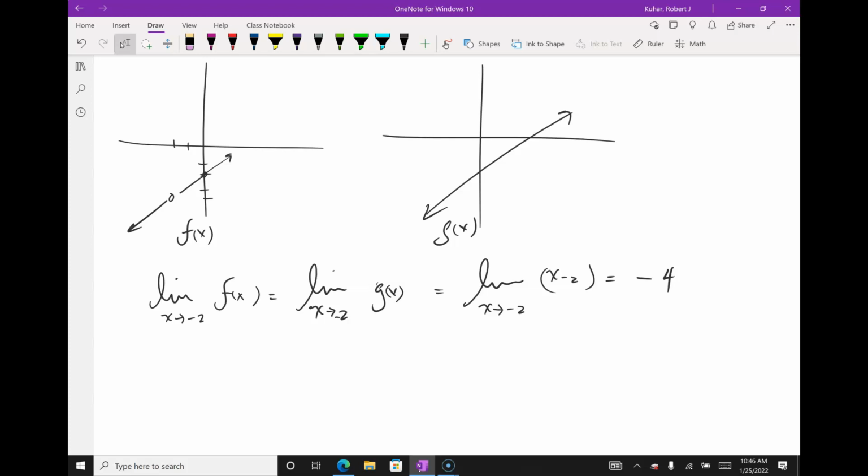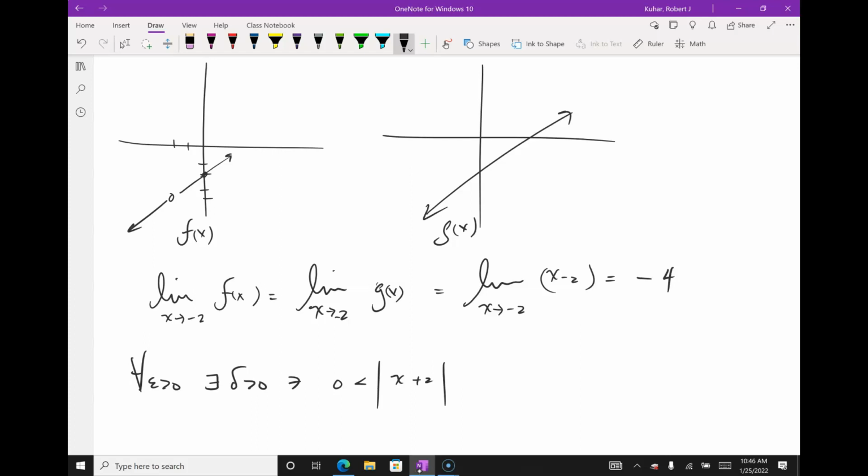And so you can tell on the graphs, the functions are the same except for at that one point. But remember, what's with my formal definition? For every epsilon greater than 0, there exists a delta greater than 0, such that 0 is less than the absolute value of x plus 2.